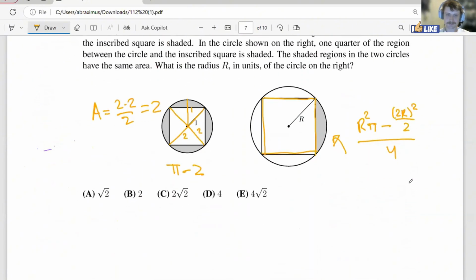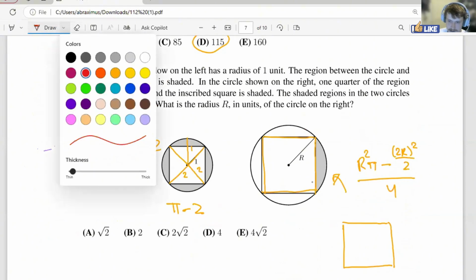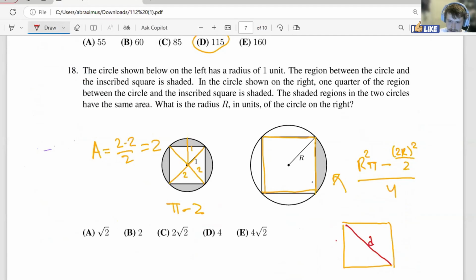So why is the area 2? Okay, so if you have any square, and let's say we know the length of the diagonal, right? So this is D, this is S, this is S. On one hand, we could just say that the area is S squared.